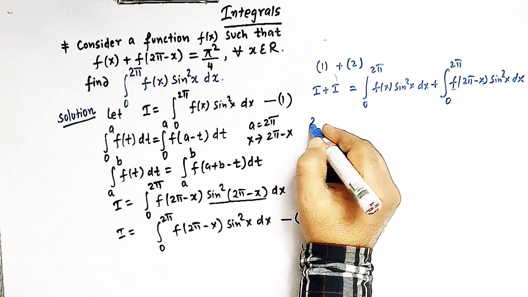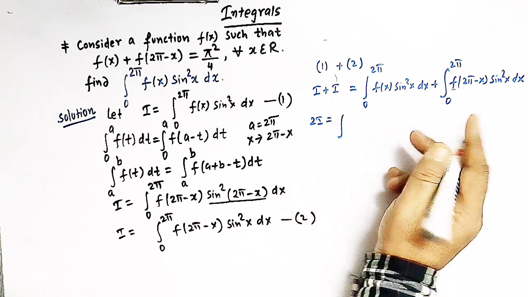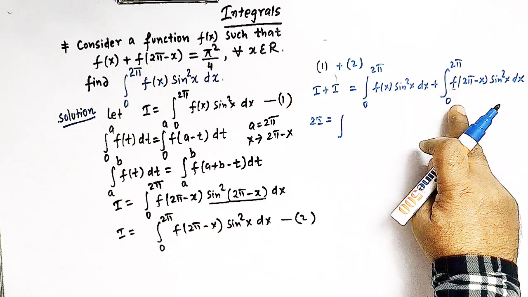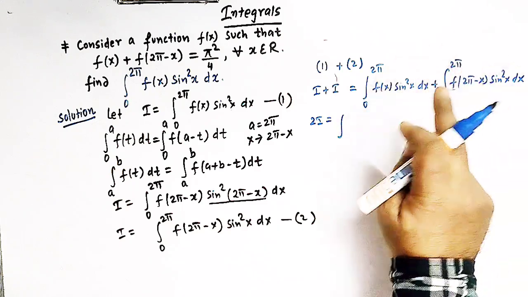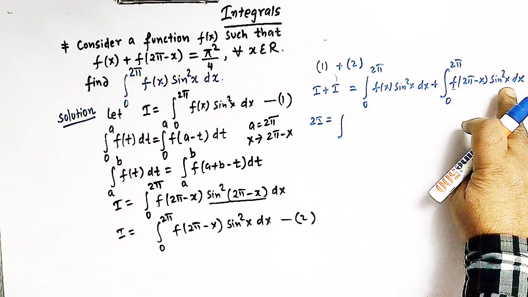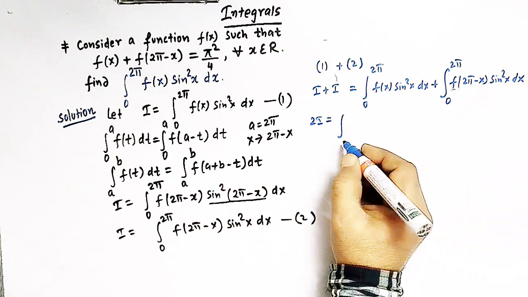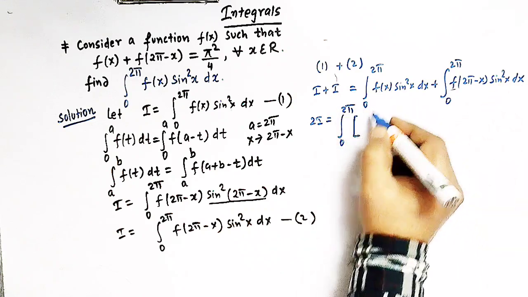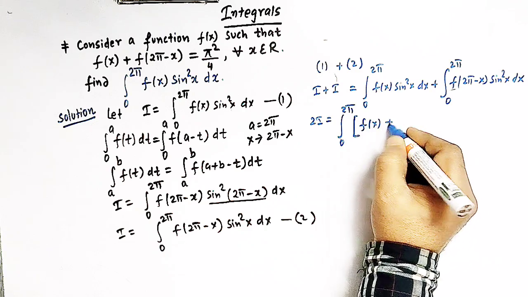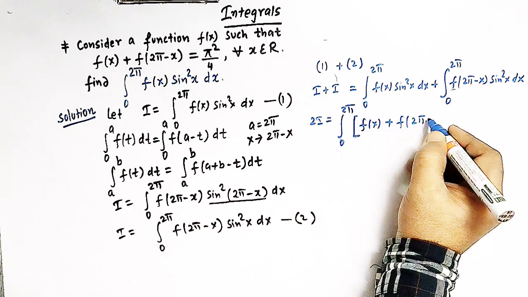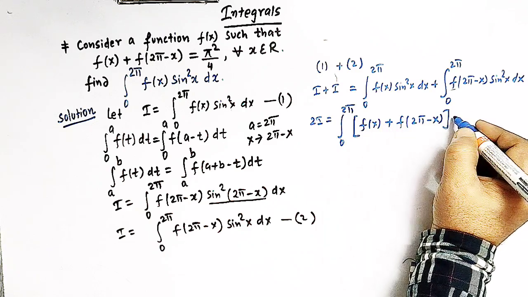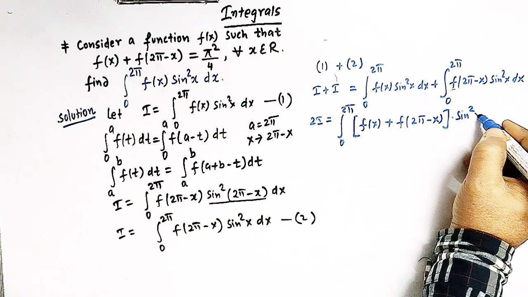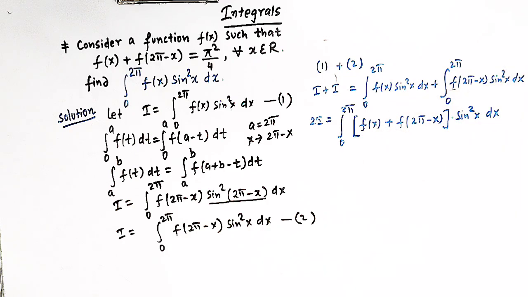I plus I is 2I, and in both the integrals the limits of integration are the same, and we have sine square x in both. So we can now write the integral from 0 to 2 pi, take f of x plus f of 2 pi minus x, and take sine square x common, so we have sine square x dx.